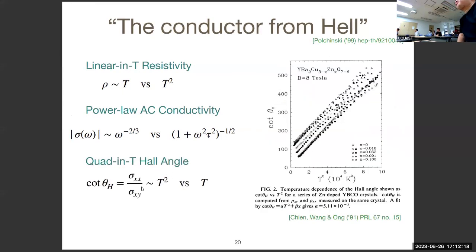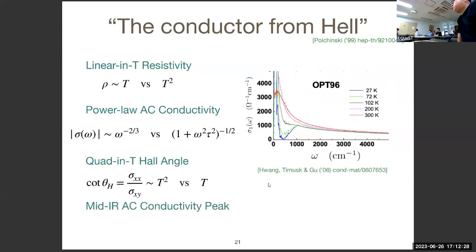You'd have to try to explain this. The other thing is that the cotangent of the Hall angle scales as T squared, not as T. Here's an example of data showing that. And then an extra thing is that in experiment, even if you do have a nice Drude peak at sufficiently high temperatures, eventually you have a secondary peak coming around in the mid-IR.